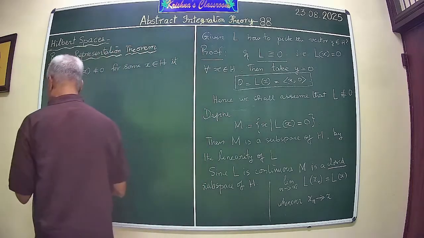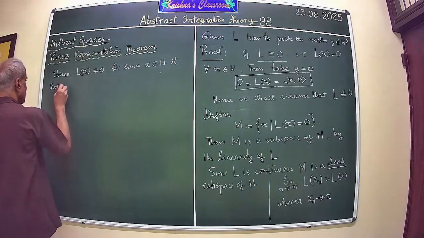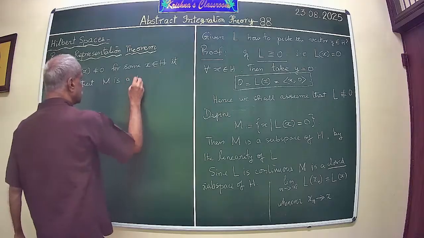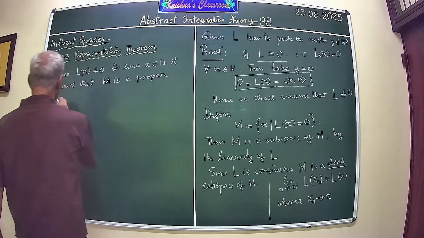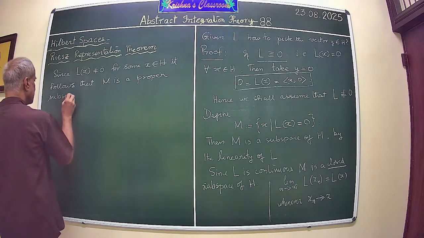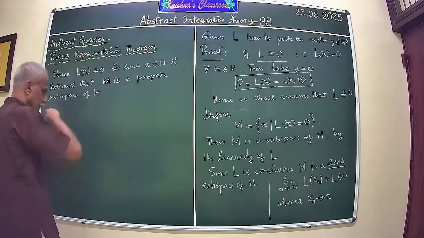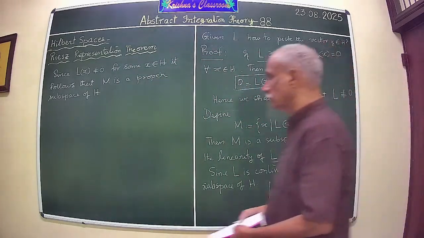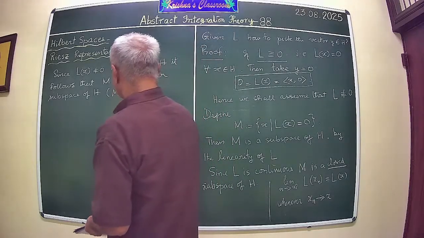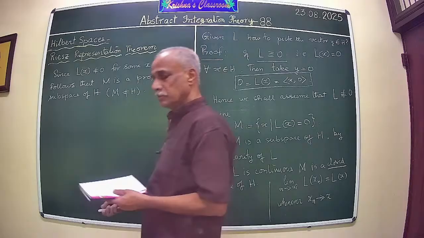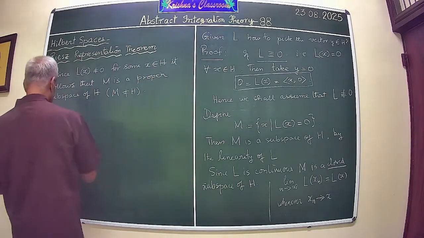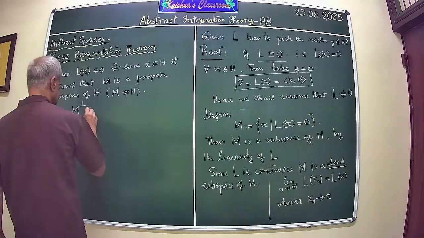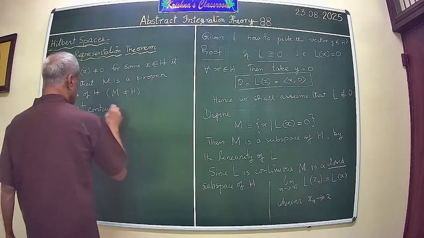It follows that M is a proper subspace of H. Okay, so M is a proper subspace of H. Therefore, M perp does not contain non-zero vectors.